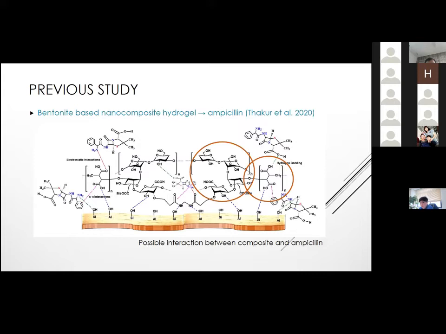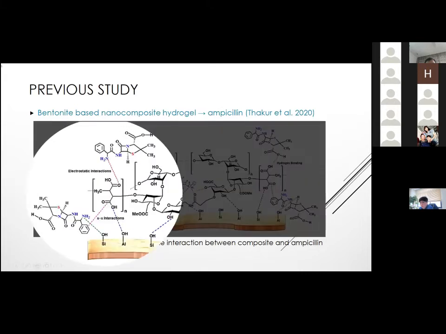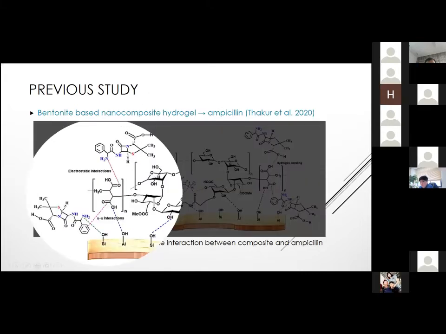So by compositing the clay, compositing the bentonite with the polymers, we can increase the active binding sites of the materials to the drug.